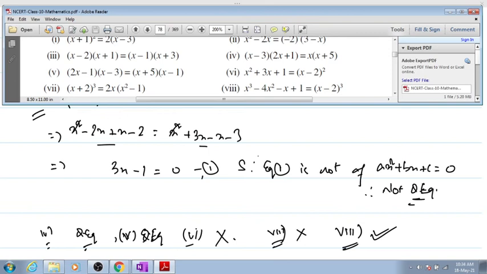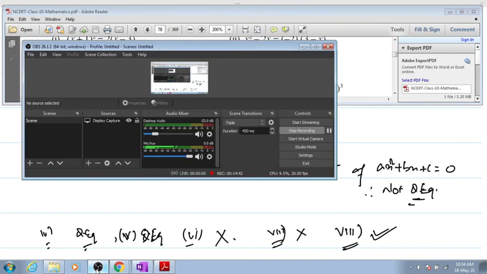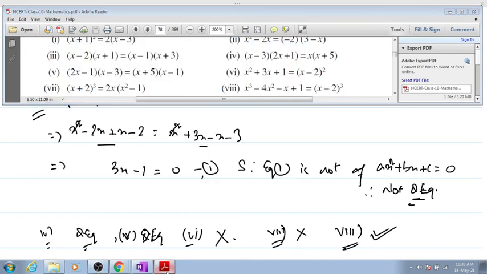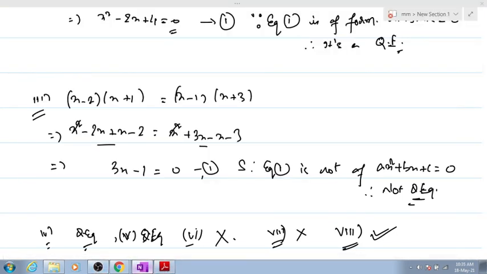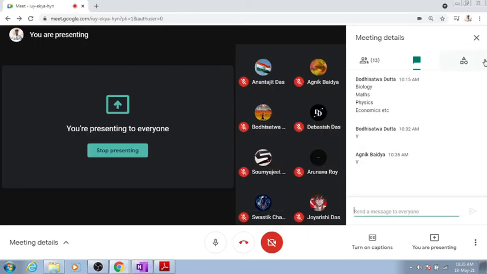Now how many have got the answer for all? You merely have to multiply and get the answer, there's nothing else. Kindly write a Y on the chat box for people who are done with all of question number 1.